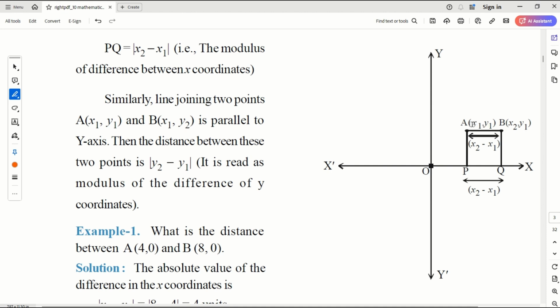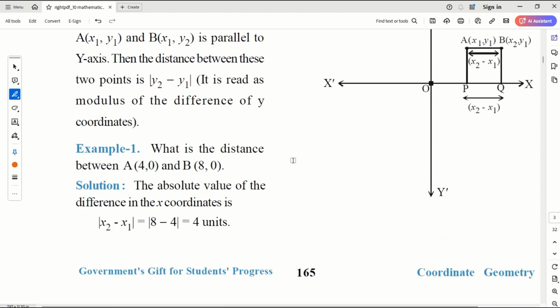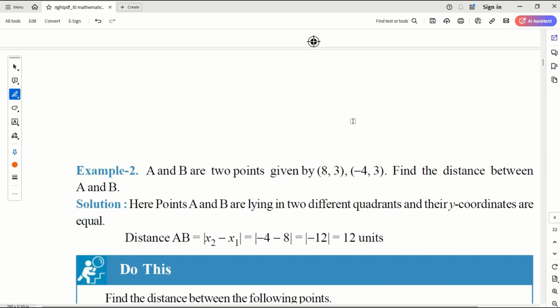Right? So if you see here, point A is x1 y1, point B is x2 y2. The y coordinate has no change, which means you can just find the difference of the x coordinate, and that is the distance. It is the same with the y-axis also.